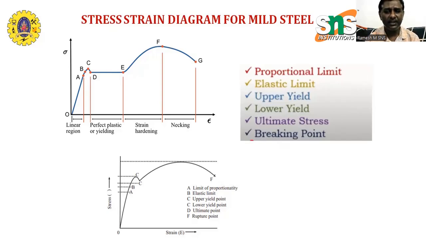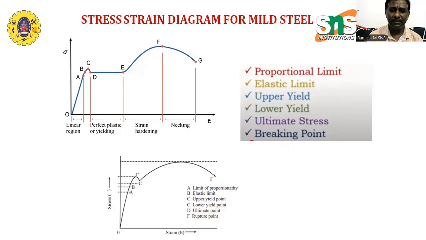Then we have strain hardening. Here, in strain hardening, the material requires an increase in stress to cause further plastic deformation. So up to here is the elastic region; after that, the plastic region will come. In the plastic region, we can remove the load, but the material does not regain its original shape.